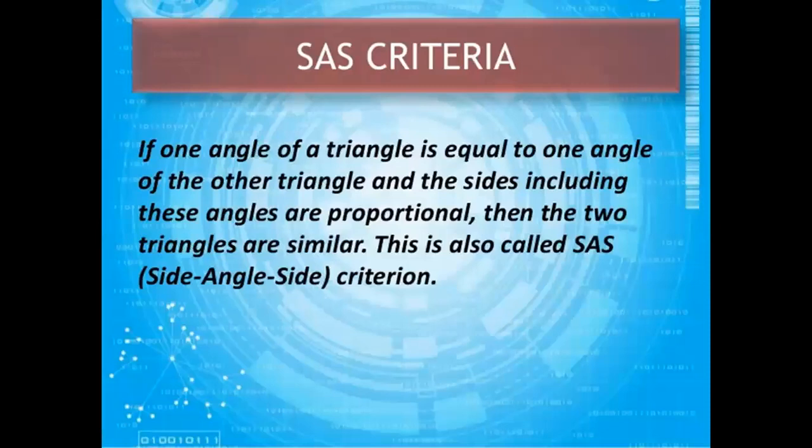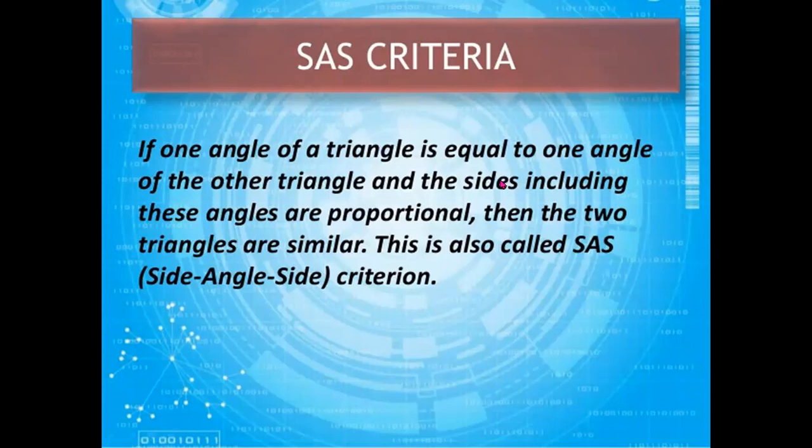Side angle side criteria. Please read, Pawan. If one angle of a triangle is equal to one angle of the other triangle, and the sides including these angles are proportional, then the two triangles are similar. This is also called SAS, side angle side criterion.